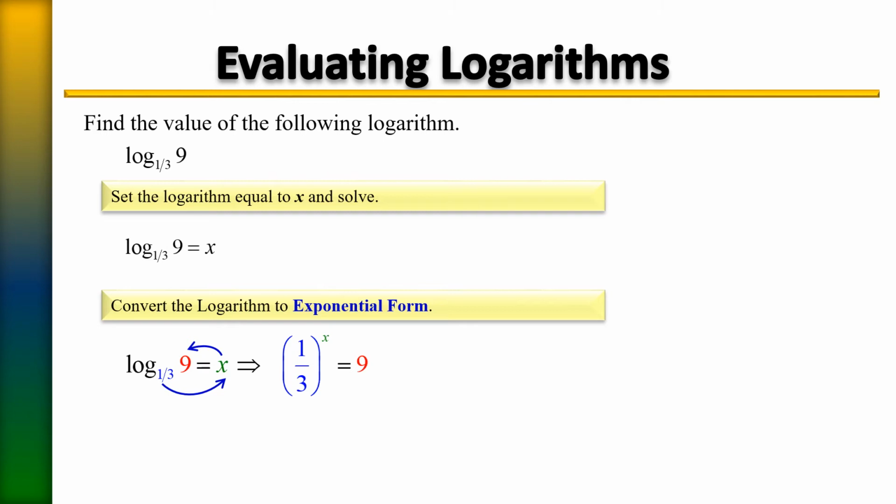If you said -2, that is correct, because recall that if you have a fraction and it is raised to a negative power, you have to flip it, which means the number on the bottom will come to the top and vice versa. So you would have 3 squared, which will give you 9. And there you have it. The answer is x equals -2.